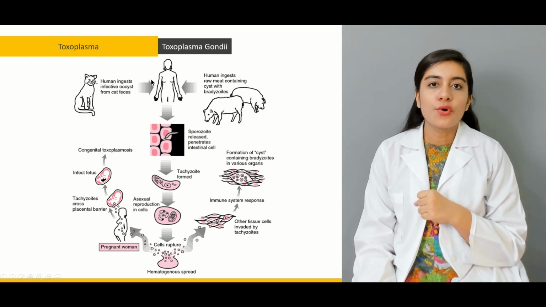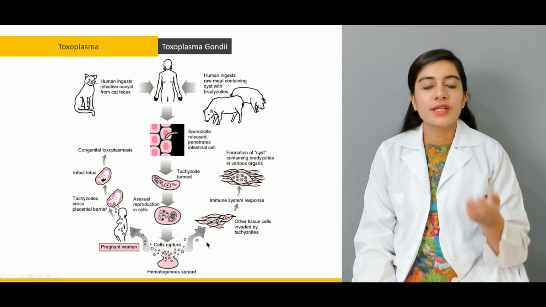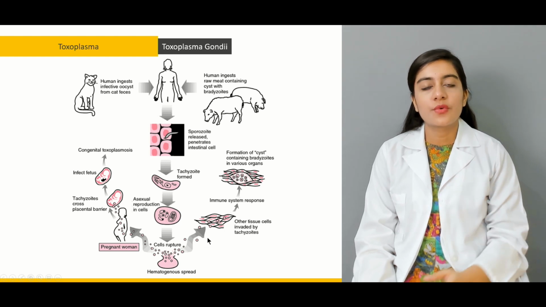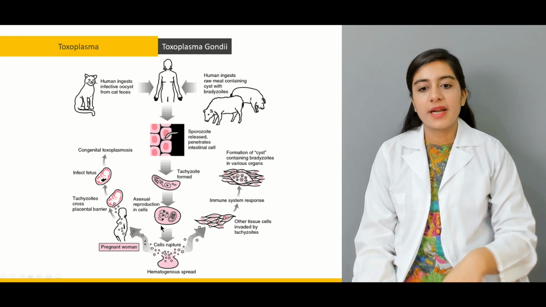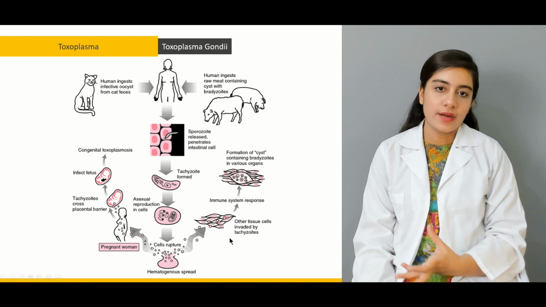Now, this is the whole cycle of the disease, starting from the ingestion of the organism, then its maturation, and then spreading inside the small intestine, then into the placenta, and if it stays in the mother's body, into the skeletal muscles.